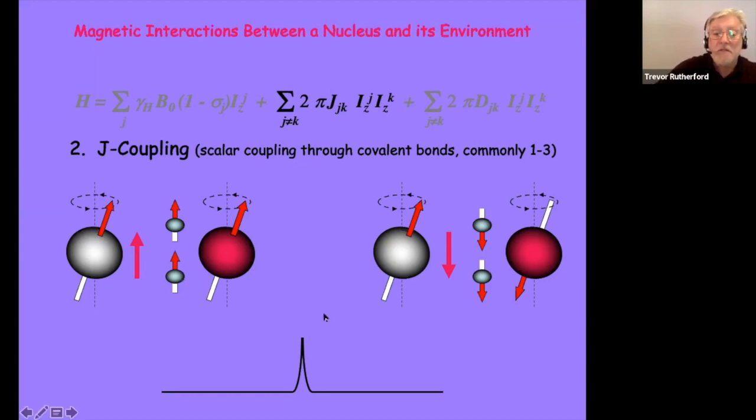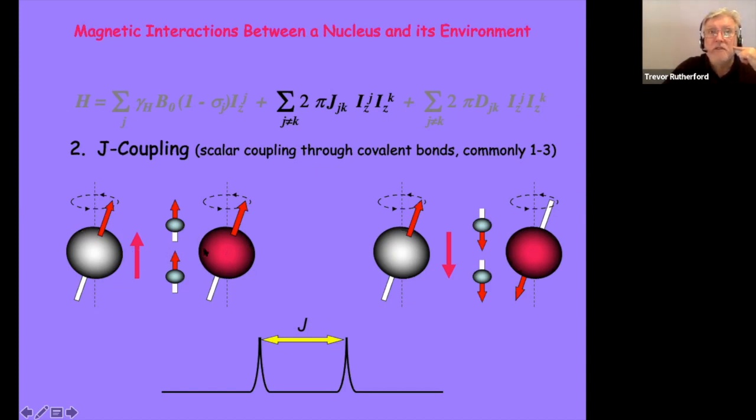So in fact, we don't see a single frequency signal. What we see is that that signal is split into two, and the splitting of that is a constant value that is dependent upon the field that is generated by these covalently bonded electrons, and it's referred to as the J coupling constant. So in fact, rather than seeing one signal, we see two, and it's split by J. The magnitude of J tells us information about the strength of the contact, the efficiency of the contact through those bonds.